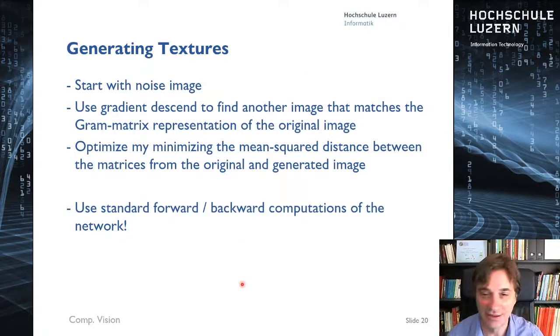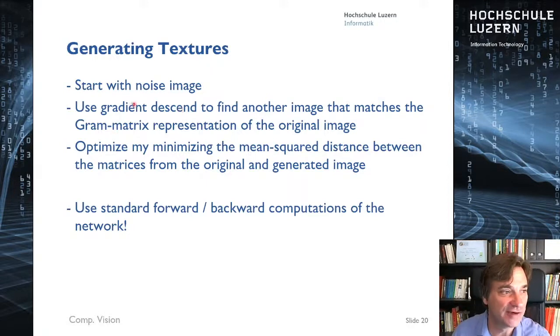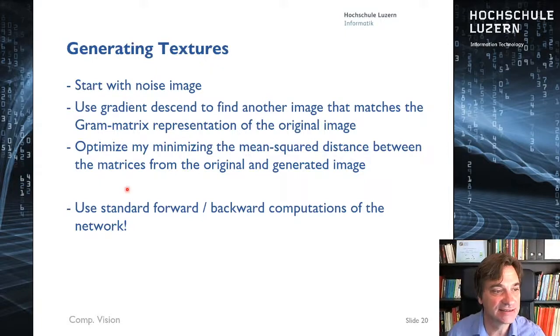Okay, so how can we generate textures from that? We start with an image that has random noise, and we are given an original image and its Gram matrices, and now we use gradient descent to again manipulate the image and not the network to find another image that has similar Gram matrices.